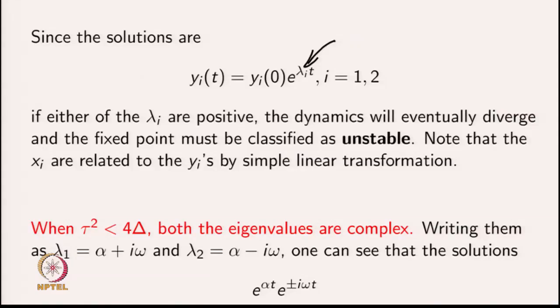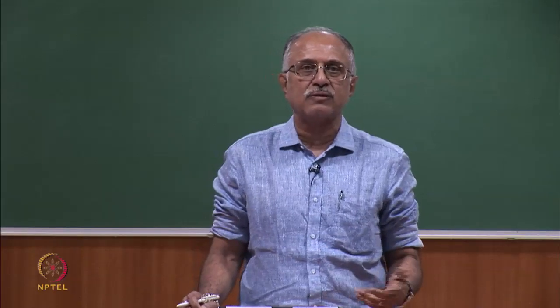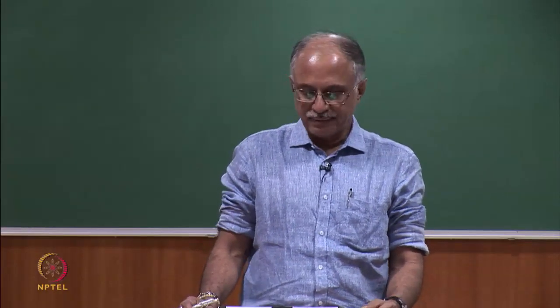Now, the x sub i's are related to the y sub i's by a simple linear transformation, and therefore, if it is unstable in the variables written down in the y coordinate system, it is going to be unstable in the x coordinate system as well.